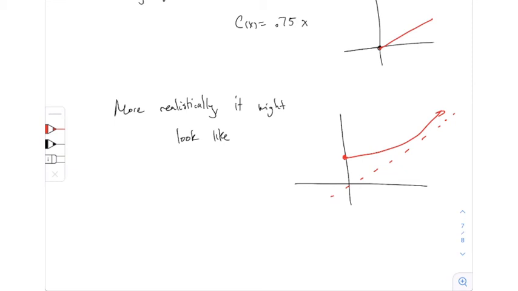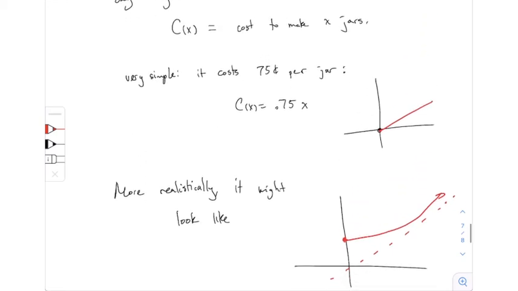Anyway, I want to talk about what the derivative means in a scenario like this. Again, there is nothing about time in this setup. The function is just C of x, where C of x is the cost to make x jars. So I'm not talking about how something is changing over time.